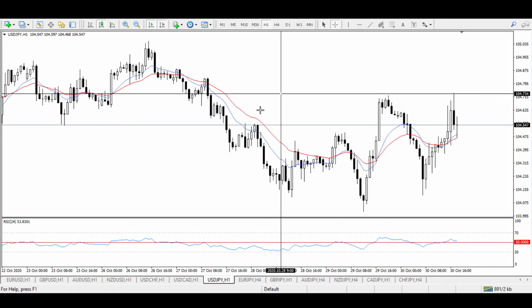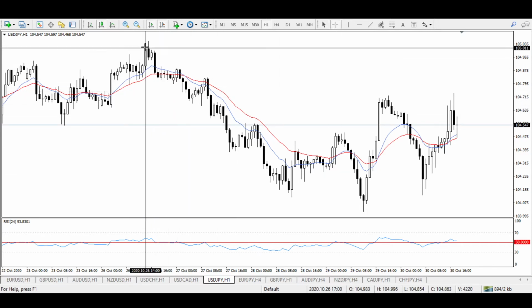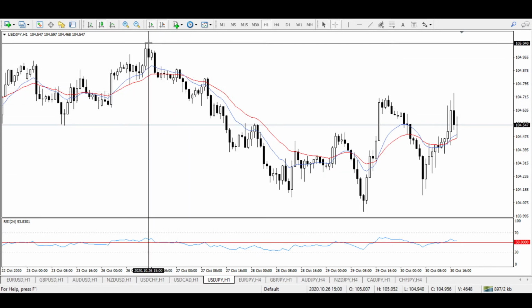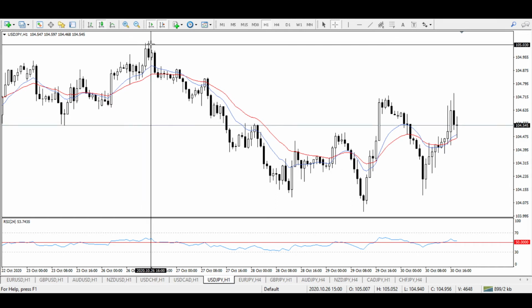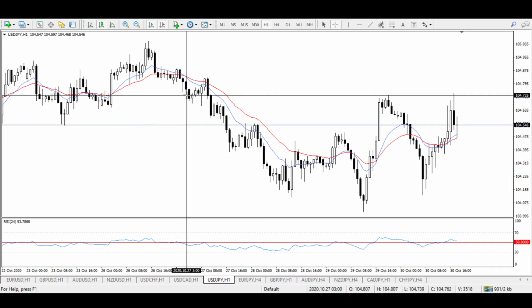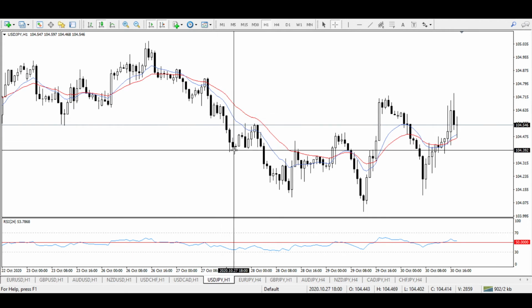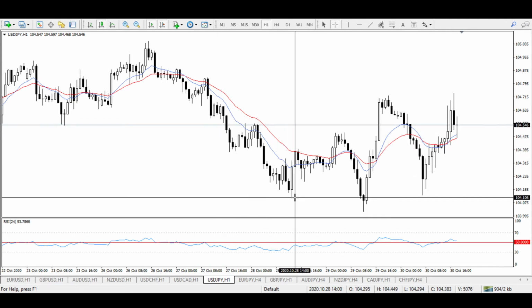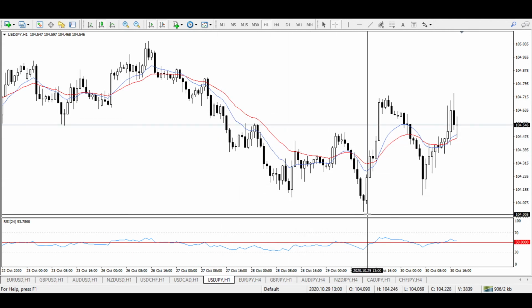If we look at the USD JPY, it was trending in a fashion of making high, then lower high, lower low, lower high, lower low, lower low, lower high, lower low, lower high, and then lower low.